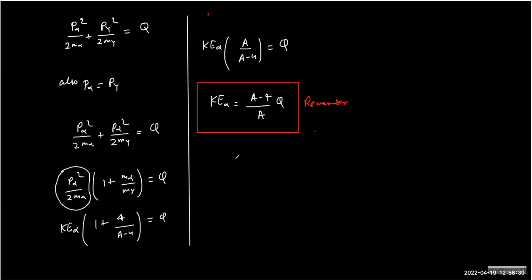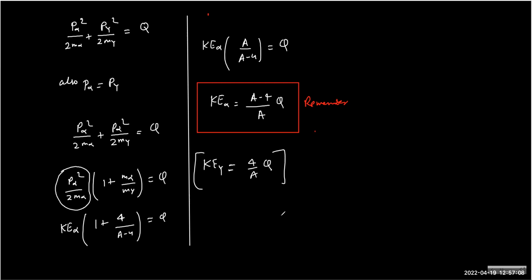So in fact, if you want to know the kinetic energy of the Y particle, or what we call the daughter nuclei, so when the big nuclei disintegrates into small, we call it daughter nuclei, and this will be exactly 4 upon A times Q, because the sum is Q. So these are the formulas which you need to remember from the momentum and energy conservation.